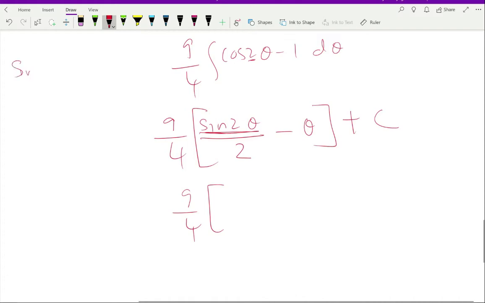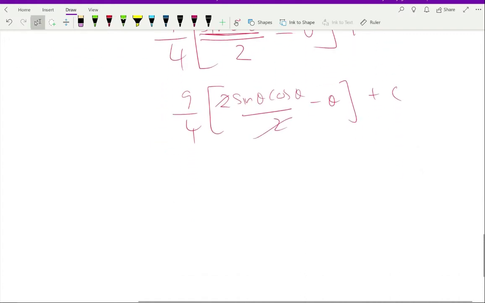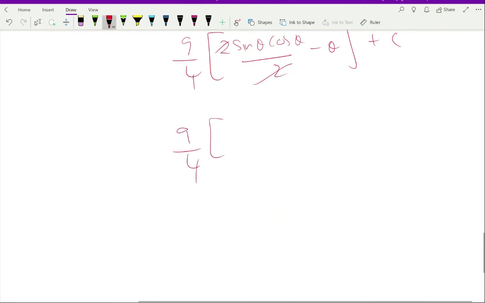So sine 2 theta, by using the double angle identity, is 2 sine theta cosine theta. Now 2 sine theta cosine theta over 2, plus theta, plus c. The 2s cancel out. So what we get is 9 over 4 (sine theta cosine theta plus theta) plus c.